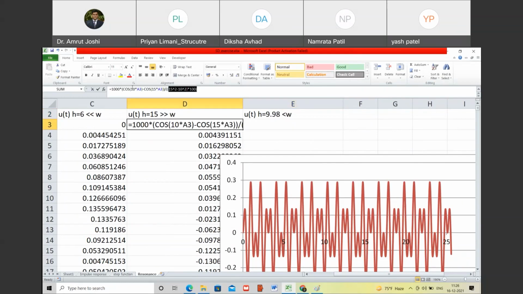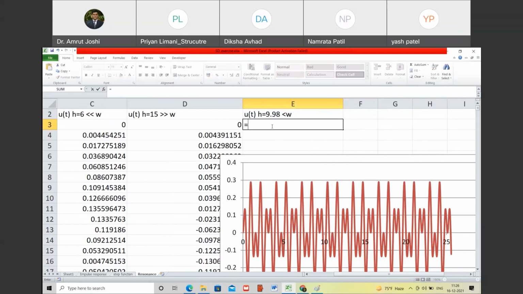We are going to borrow the same expression. Instead of 15, I'm going to write 9.98. I believe that you will get a beating phenomenon here.